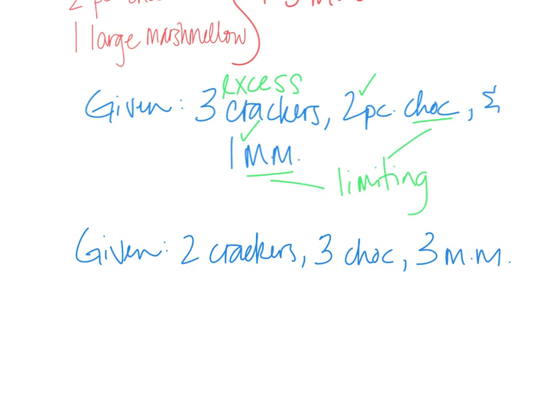Well, so if I look at what my reactants require, I have 2 crackers. Is that enough or not? Yes. Okay, so what about the chocolates? Do I have enough? Yes. Excess. And do I have some left over once that's gone? I'm only using 2 of them, right?